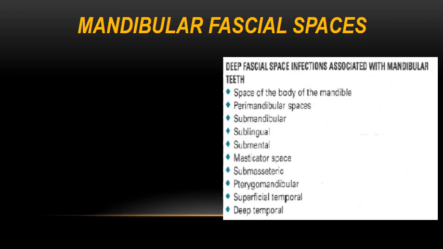The perimandibular spaces are the submandibular, sublingual, and submental spaces, and the masticator spaces are the ones located in, around, or between the different muscles of mastication, like the submasseteric, pterygomandibular, superficial temporal, and deep temporal spaces.